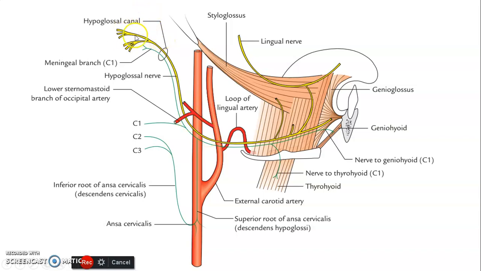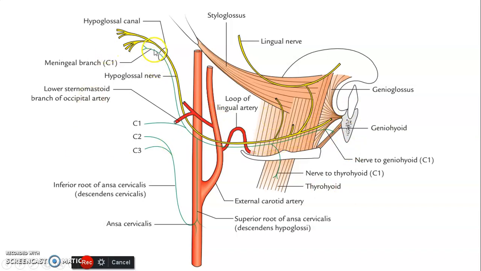So this is your hypoglossal nerve exiting through your hypoglossal canal. You can see it there, but usually the C1 fiber joins it. Then before it gets to the tongue, the C1 fiber now leaves.